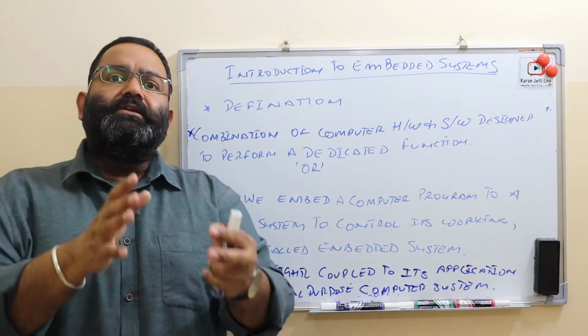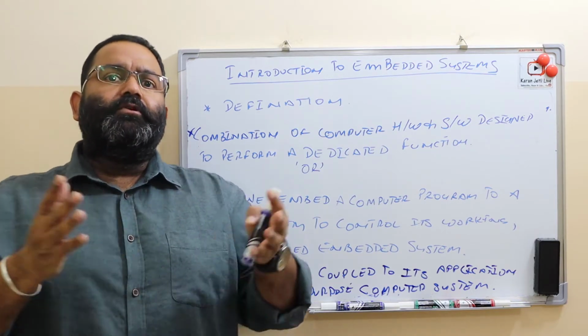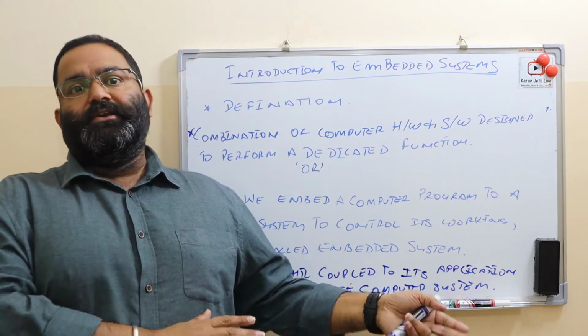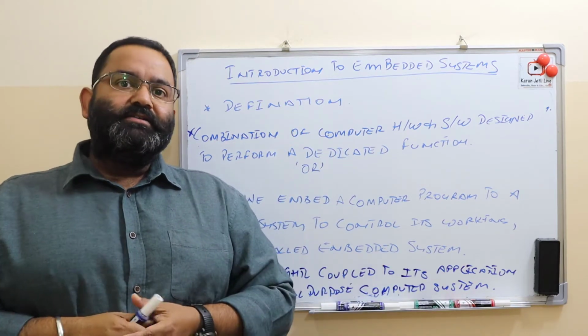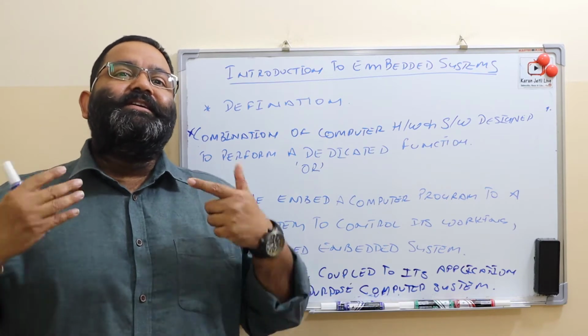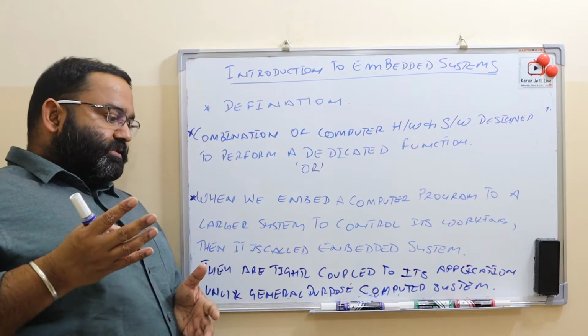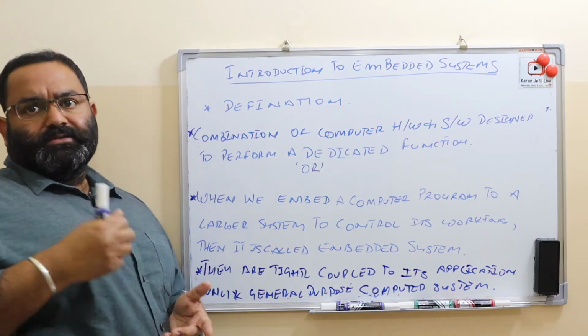They are tightly coupled to the applications for which they are designed, and they will do only that task. They will not do any other task for which they are not designed. So what do we call such systems? We call such systems embedded systems.